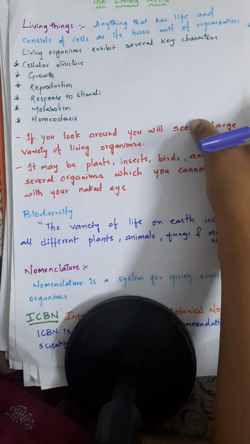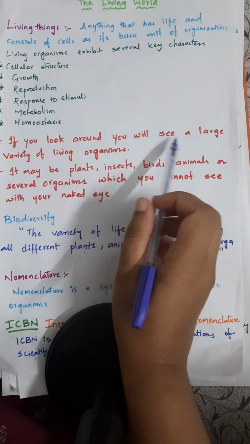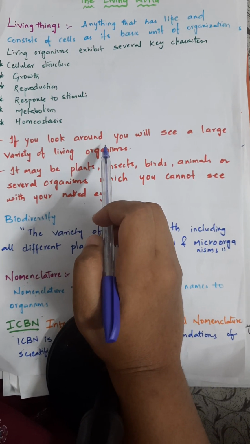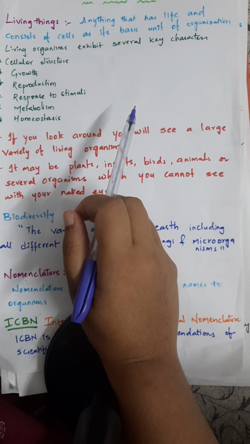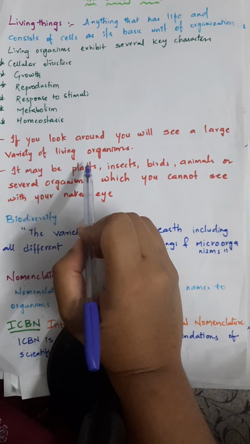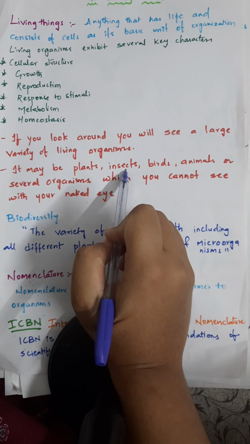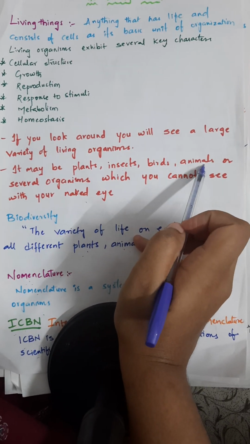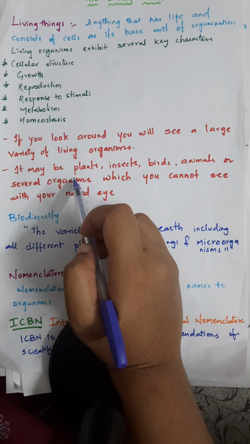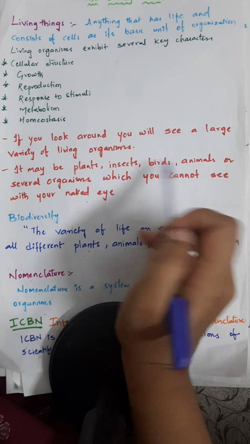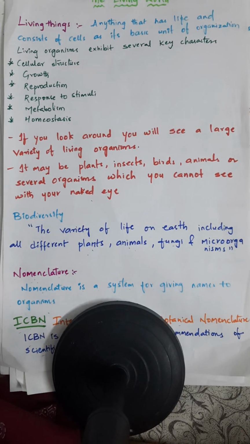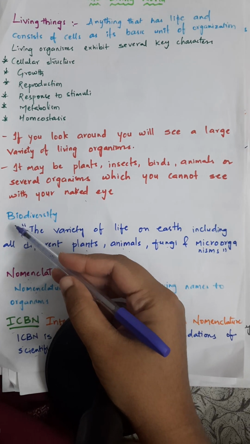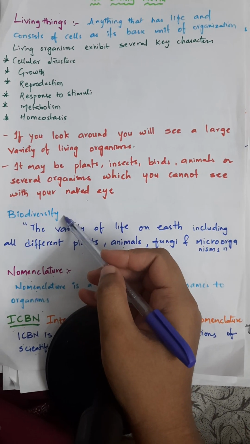Okay, so if you look around you, you'll see a large variety of organisms. In our surroundings, we find different types of living organisms. It may be plants or insects or birds, animals, or several organisms which we cannot see with our naked eyes, like microorganisms. Based on this, there is a particular term, we call it biodiversity.